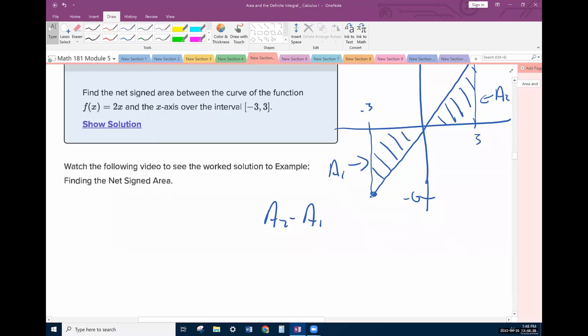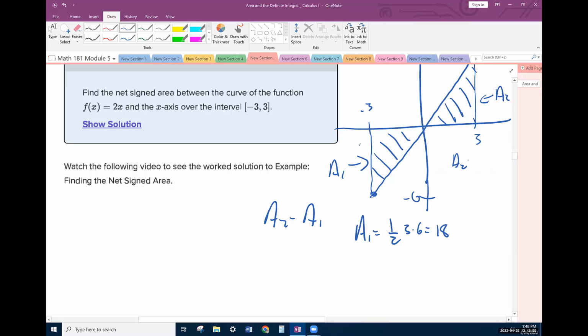And so what is the area of this? If this is 6 by -3, what's the area? Area 1 is going to be 1/2 of 3 times 6, which is 18. But it's down below, so we're taking it away.